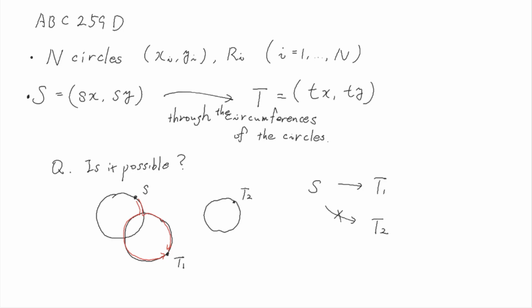Anyway, you can move from S to T1, but you can't go to T2. So if T is T1, the answer is yes. But if T is T2, the answer is no.